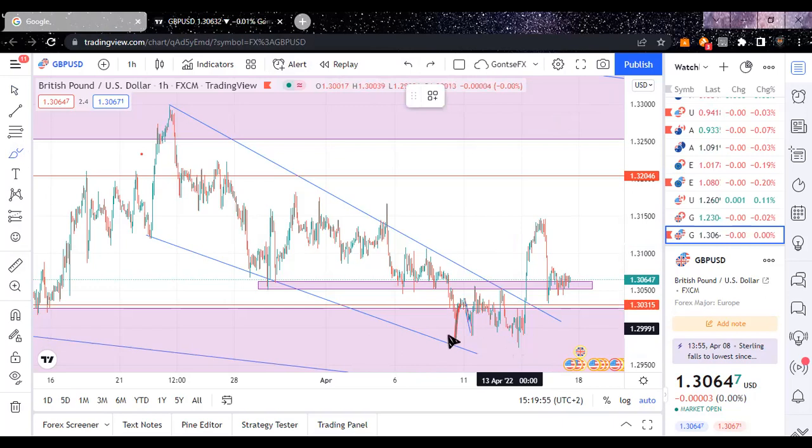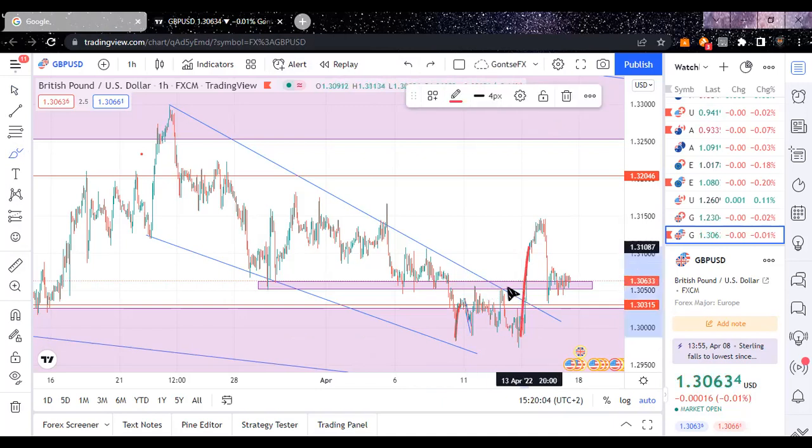So a double bottom was created, then price actually moved. It broke above two structures, there's two resistances, the downtrending resistance and this resistance right here. So it hit some sort of a resistance here, as we can see.